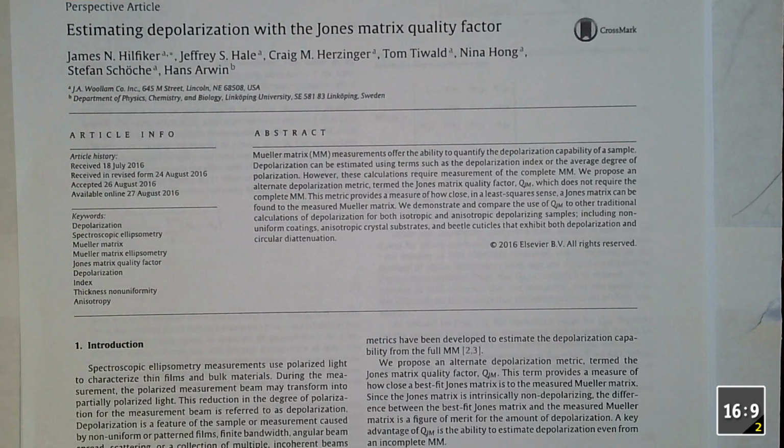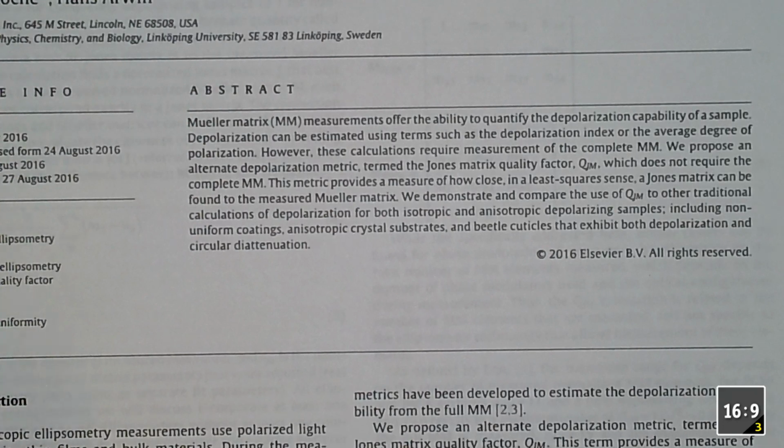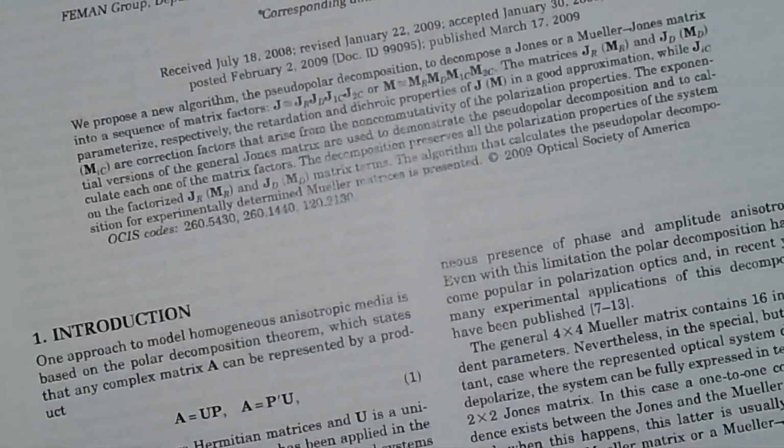You can see at the top the title. It's a perspective article, whatever that means. And it's written by people that I know, it turns out, Hilfiger, because it's a field that I've been in. And then with that paper, we'll talk more about how to read a paper like that.